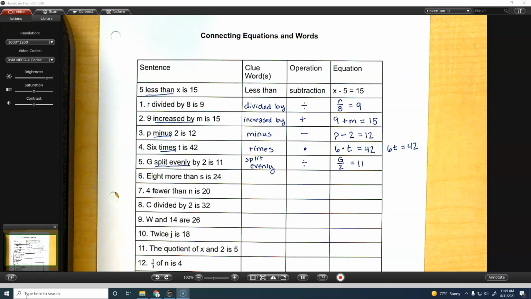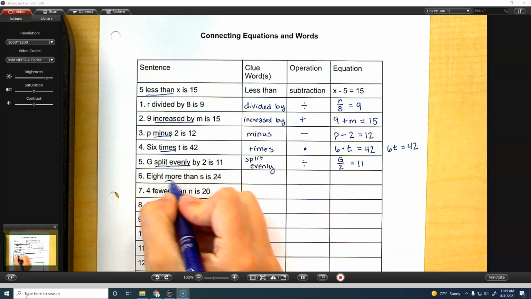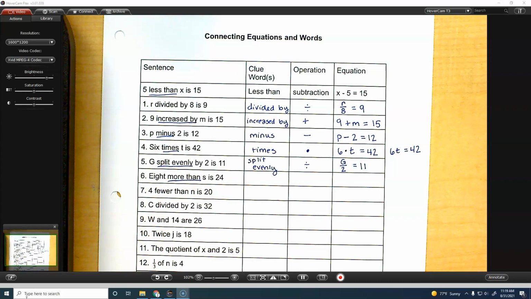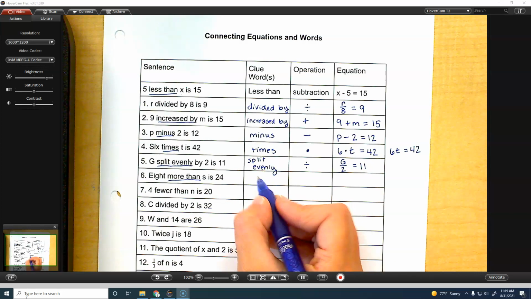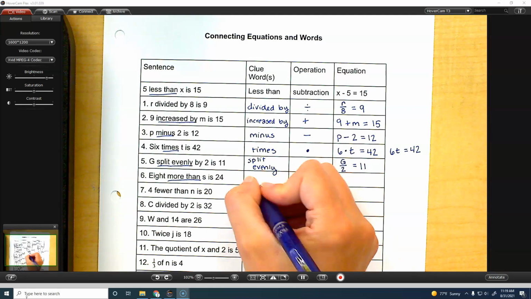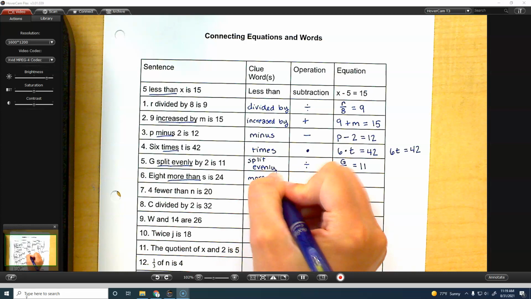Okay, for number 6, I've got 8 more than S is 24. More than, let's treat it like less than, although I will admit it is technically not wrong to say 8 plus S here, but it helps us whenever we get to less than. When we see that than, well, I should go ahead and write more than here.